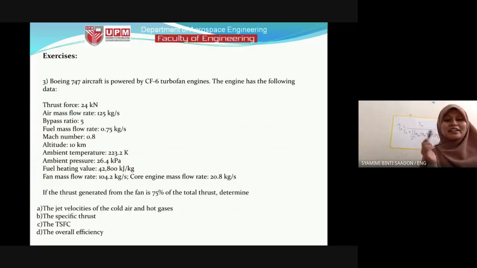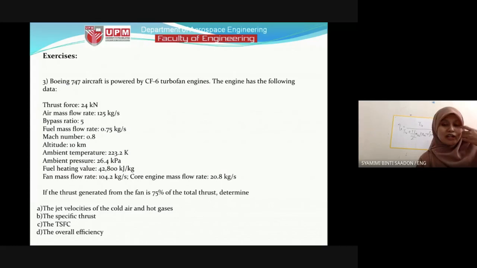So here the thrust generated from the fan is 75% of the total thrust. Means from the total thrust that we have, 24 kilonewton, 75% is produced by the fan. Then we have to determine the jet velocities of the cold air and hot gas.